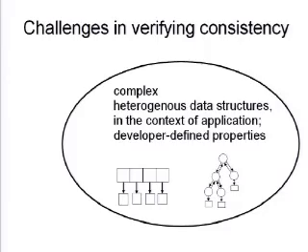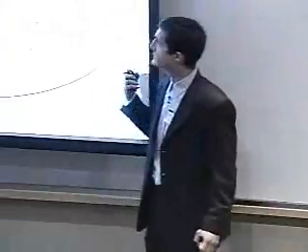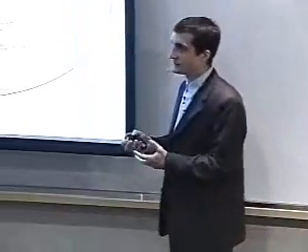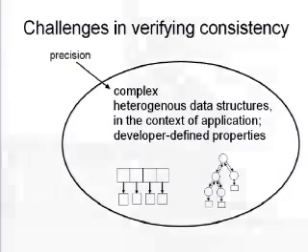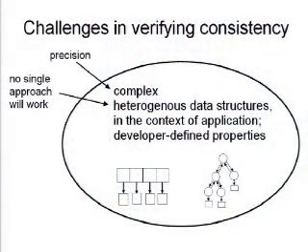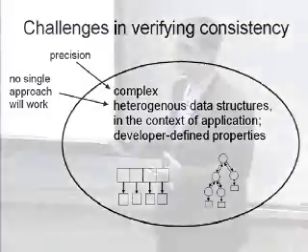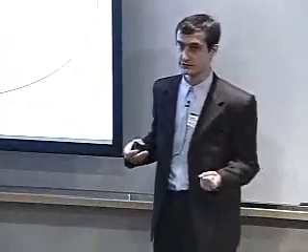Well, if you have a program with complex data structures, then you cannot really use some simple analyses that have traditionally been used in compiler optimizations and in the static analysis community. It turns out you typically need analyses that are more precise than that. And also, you cannot expect that a single approach will work, because there are so many different kinds of data structures.